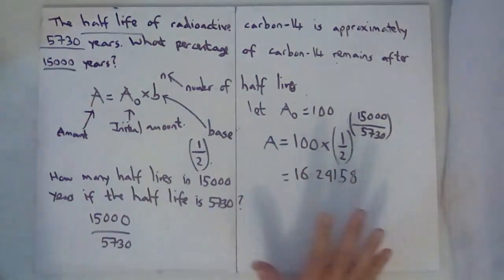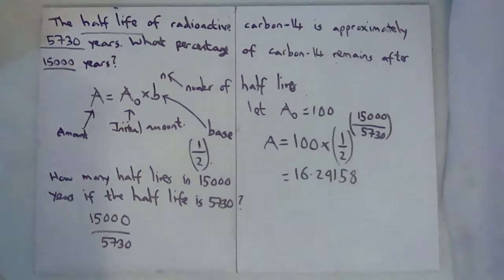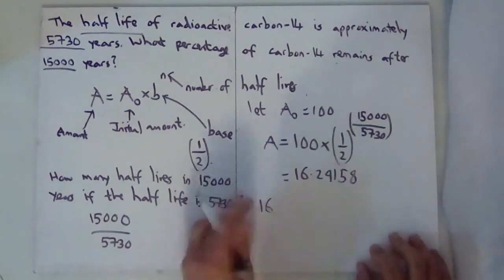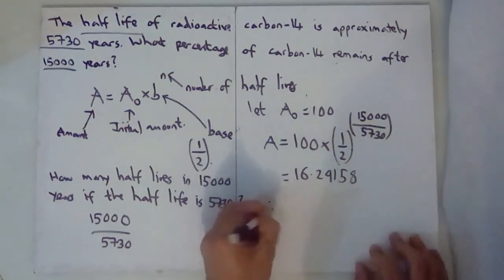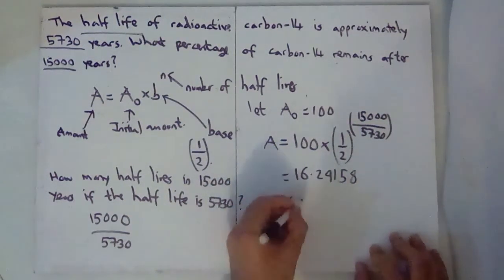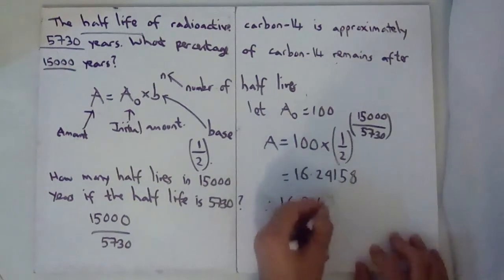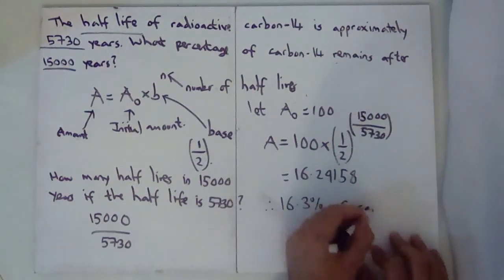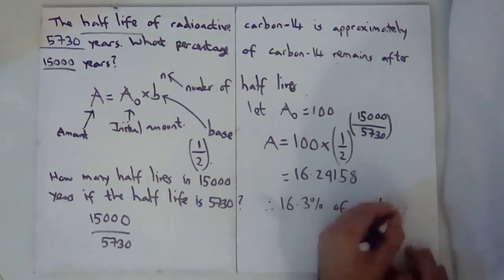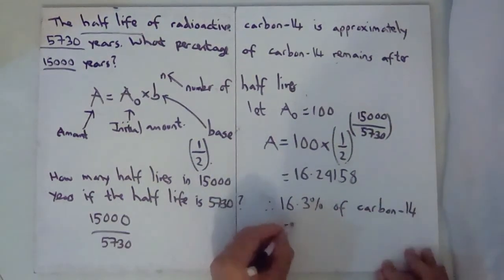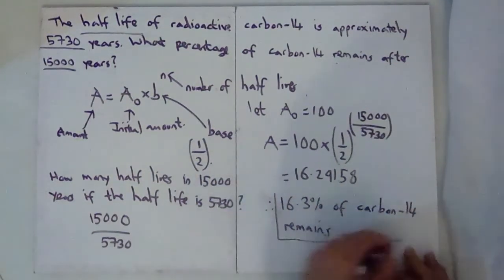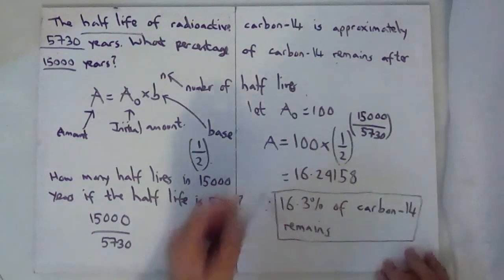As I was saying, because we've put A0 in as 100, the answer just is 16.3, rounded a little, therefore 16.3% of carbon-14 remains. Okay, and that's it.